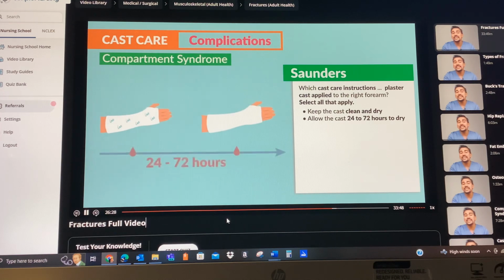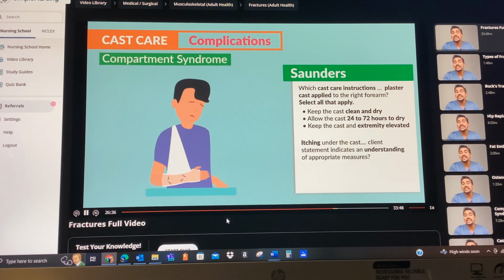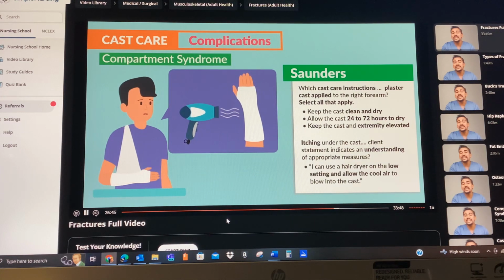Allow the cast 24 to 72 hours to dry, and keep the cast and extremity elevated. Yes. Next is itching under the cast. The client's statement indicates an understanding of appropriate measures. I can use a hair dryer on the low setting and allow the cool air to blow into the cast. Yes, never put anything under the cast to scratch an itch.